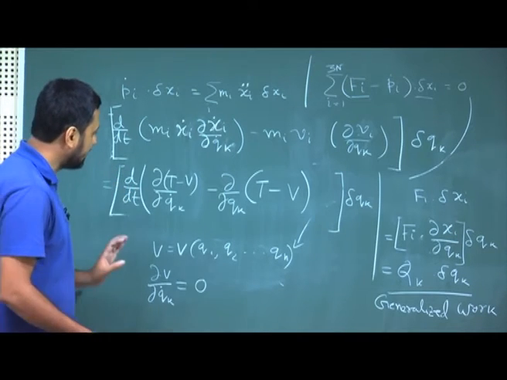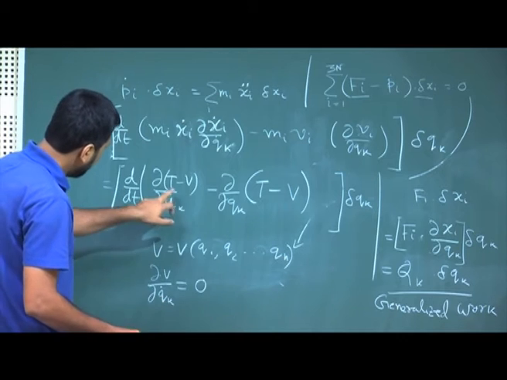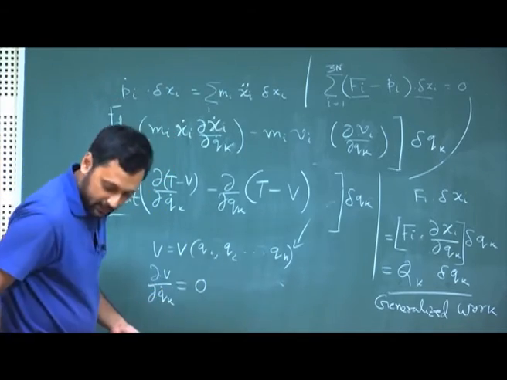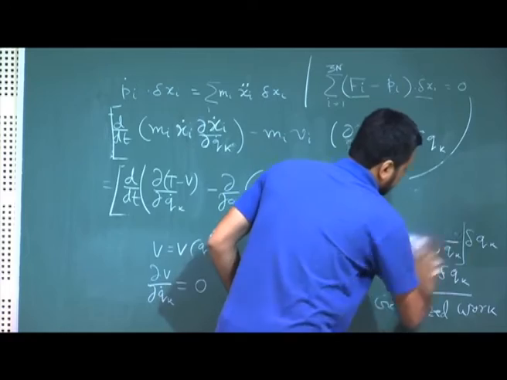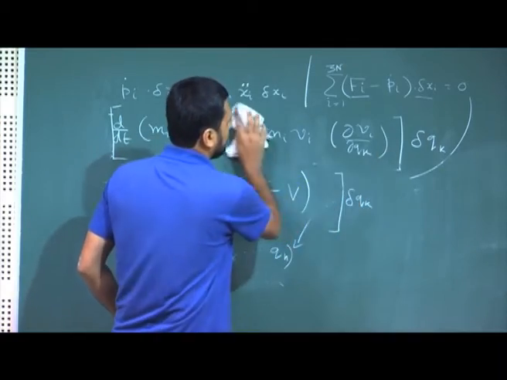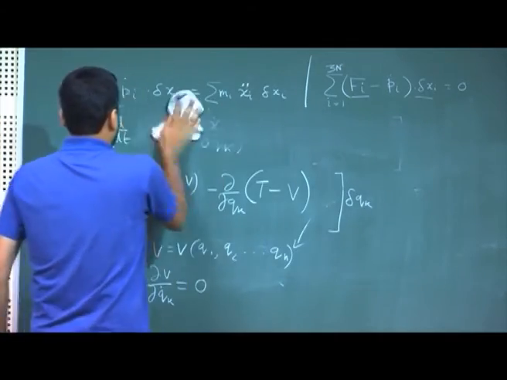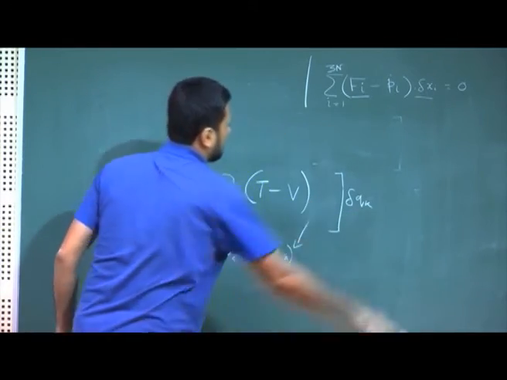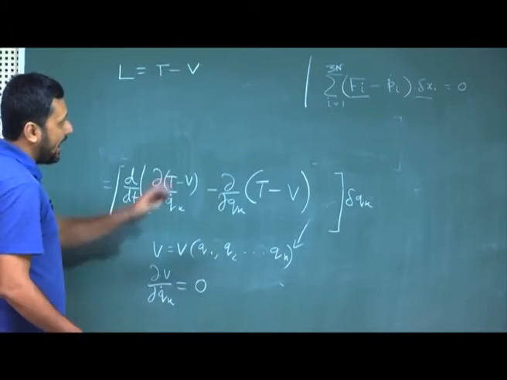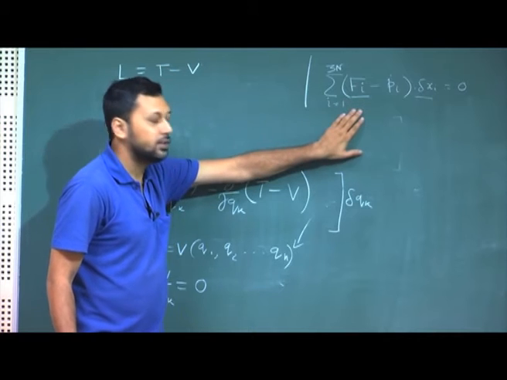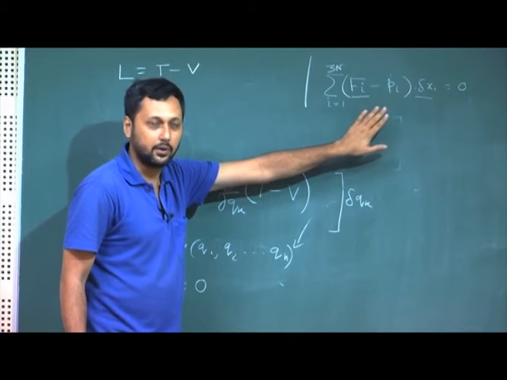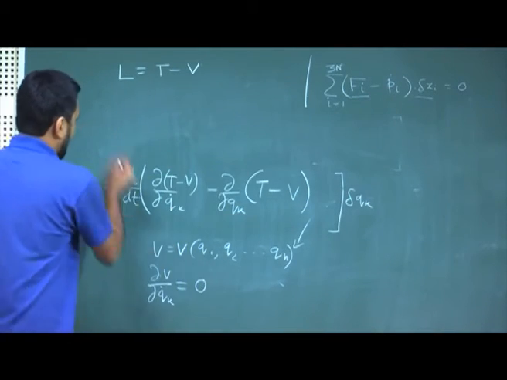But if we do that, we see what we get here. We are not losing anything, but we are gaining, because in a sense we can define a new quantity L, which is T minus V. The equation we wrote in terms of Cartesian coordinates, which is the standard D'Alembert's principle, now has a particular form.